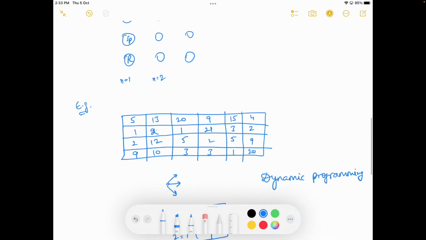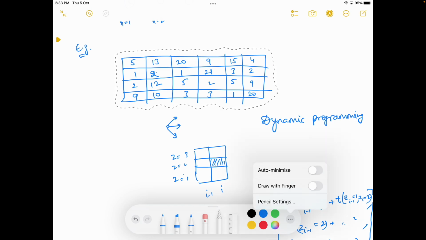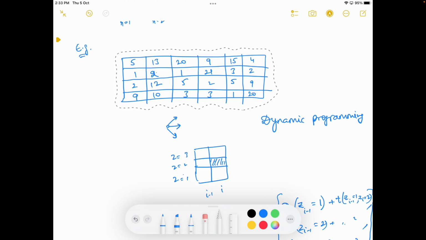Okay. I have to copy it. Let me copy this. How do I copy? Copy.